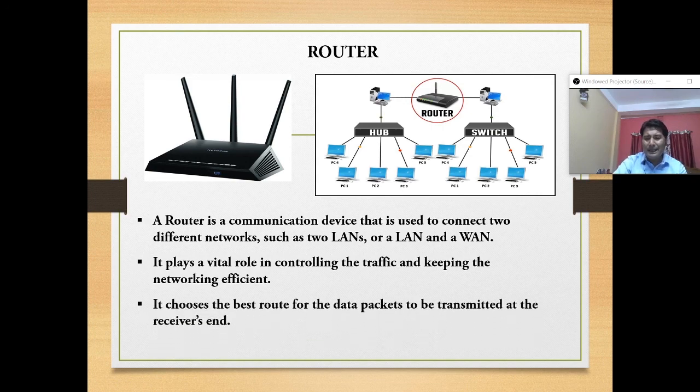You can see that in networks there is a lot of data transmission going on. So the data may get blocked on the way, and it may not get transmitted properly. So what the router will do, among those huge traffic loads in the network, is choose the best possible route for the data packets to be transmitted to the receiver's end.